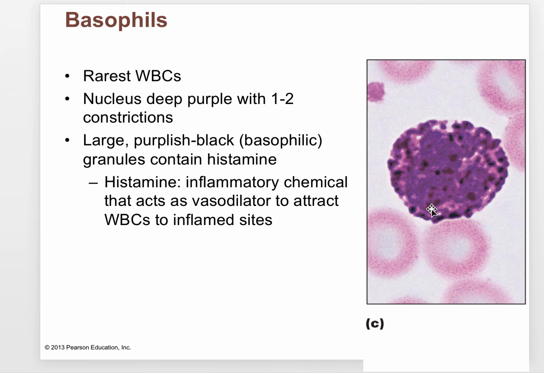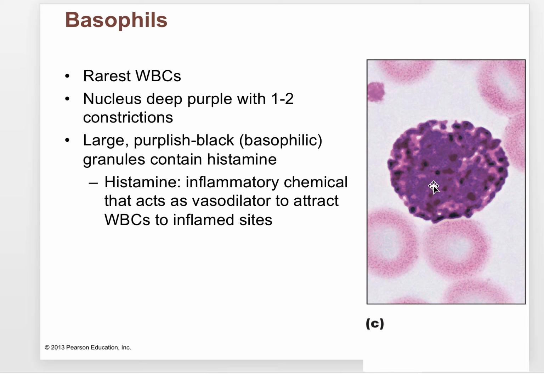The rarest of the white blood cells is the basophils. This contains a deep purple nucleus with 1 or 2 constrictions. The granules are large, purplish black, and contain histamine. You see the granules here. The granules are very easily seen in this white blood cell.